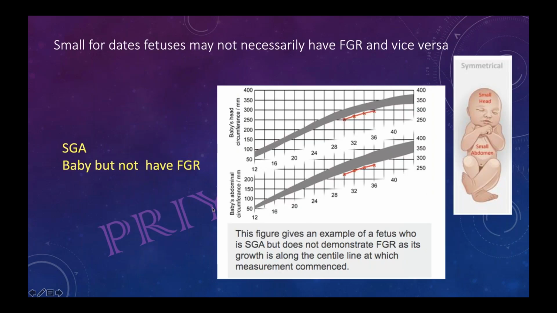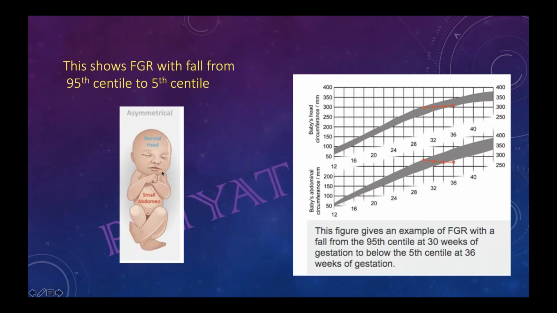When the baby is SGA, their head size and abdominal circumference both will be small, so there is no growth retardation. But in the baby with asymmetrical FGR, there is a fall in the growth centile, the head size will be normal, but they will have a smaller abdomen.